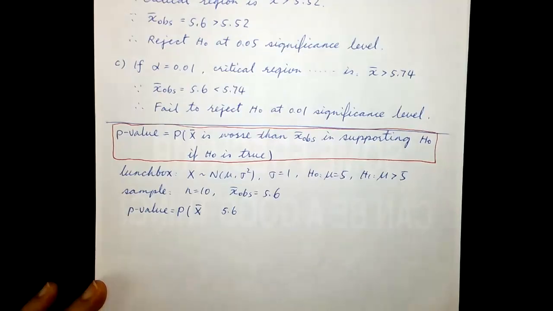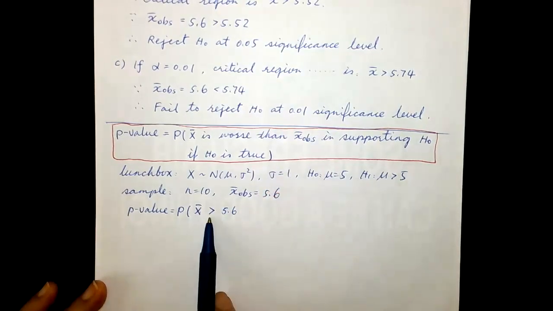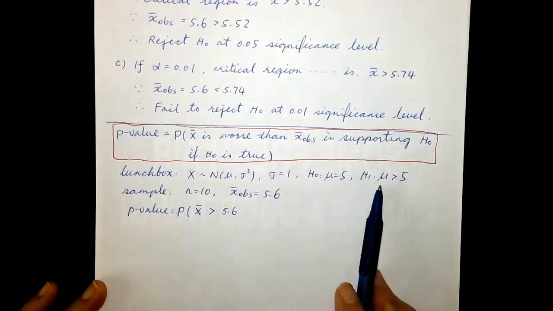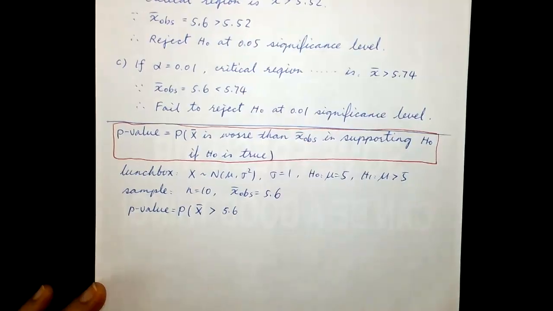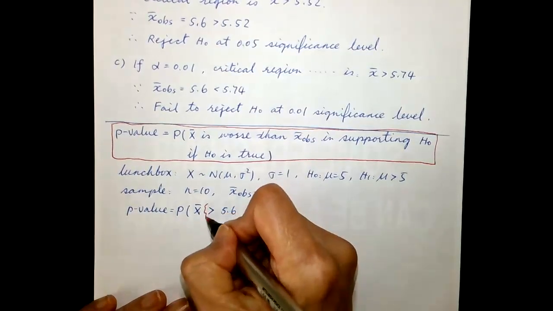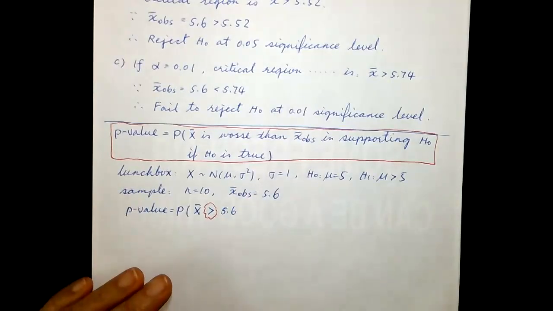If you have 20 grams of fat in your 10 lunch boxes on average, you have to support H1 because it's ridiculously large. That shows the greater your average fat content is, the more you support H1, the worse is supporting H naught. So this is really the critical decision.